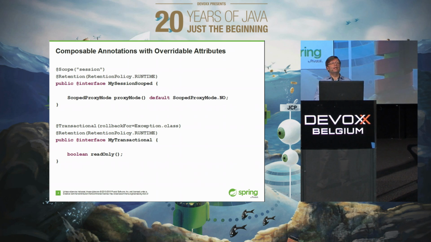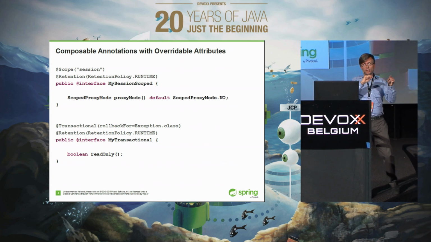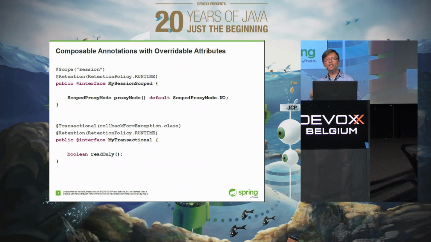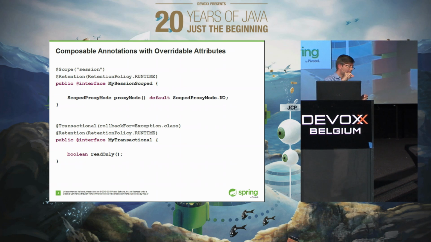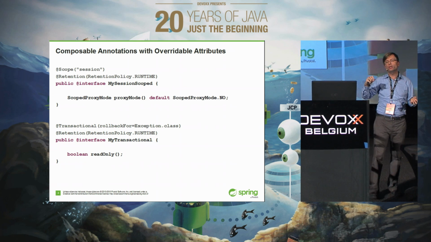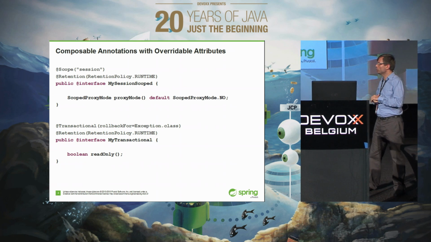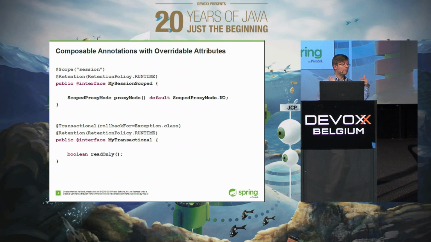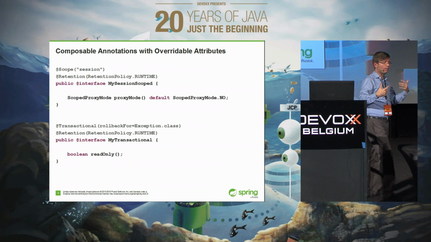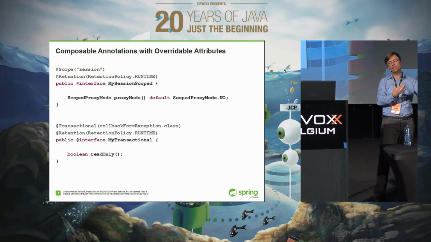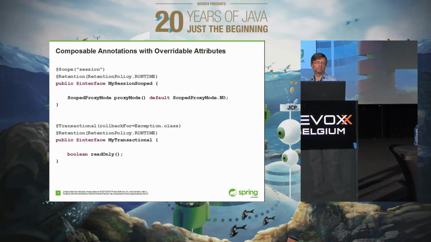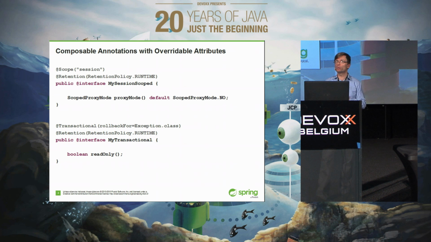What does this mean? Everybody using your transaction annotation has to choose a value for the read-only attribute. So any use of @myTransactional has to explicitly say read-only equals true or read-only equals false, which just means you're forcing your users to set a concrete value, to reason about the read-only nature of this transactional scope, and to explicitly indicate read-onliness. Otherwise, it's too easy to forget, and everything's read-only false by default.